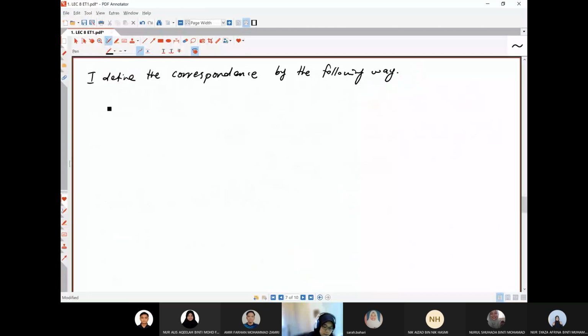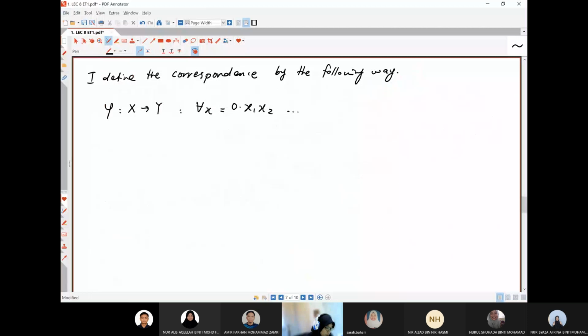The first one, phi from x to y, because the one-to-one correspondence is the map from x to y. That means for any x, I have 0.x1, x2, and so on.